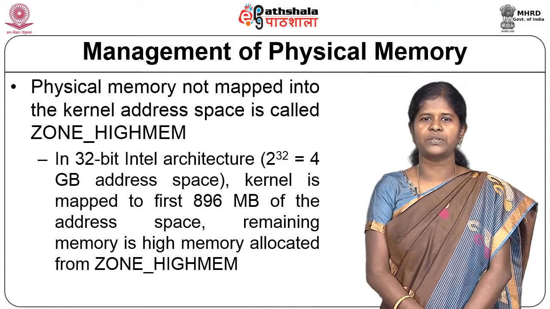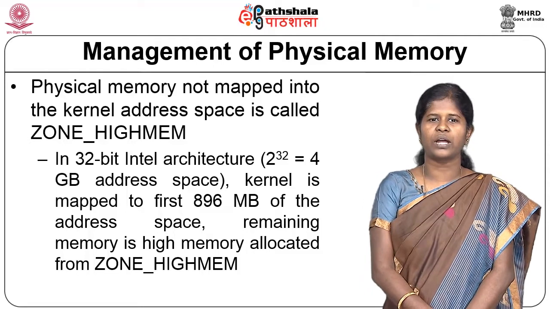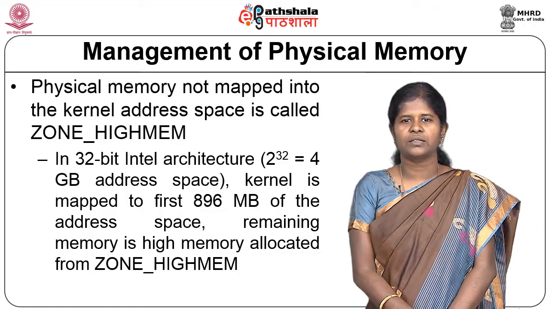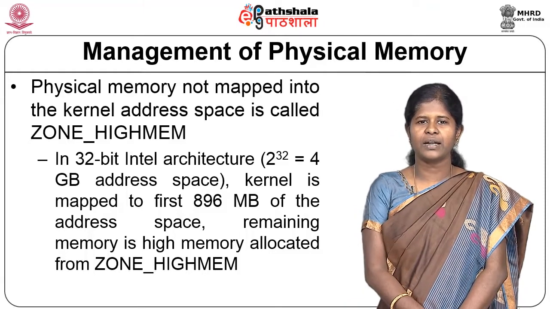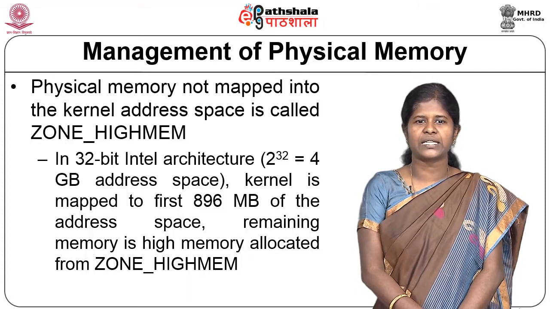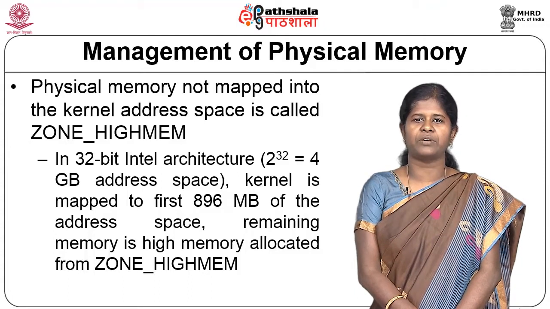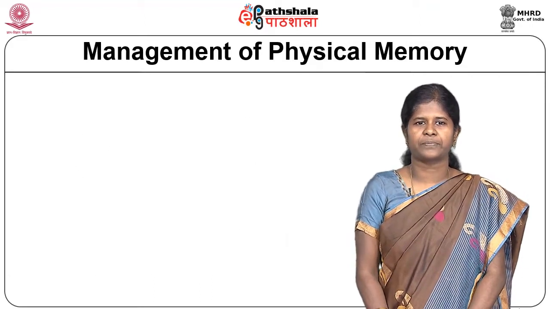And the physical memory which is not mapped into the kernel address space is called the zone high memory. In the 32-bit Intel architecture, we see that 2 to the power 32 is 4 GB. The kernel is mapped to the first 896 MB of the address space, and the remaining memory is high memory, and it is allocated from zone high memory.